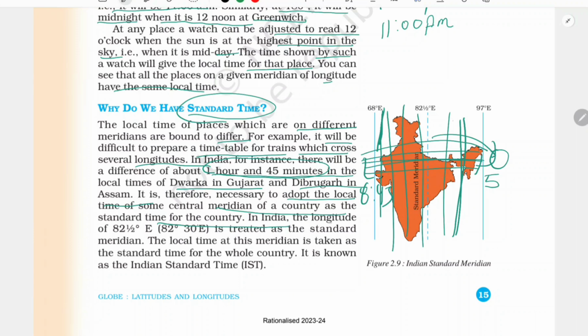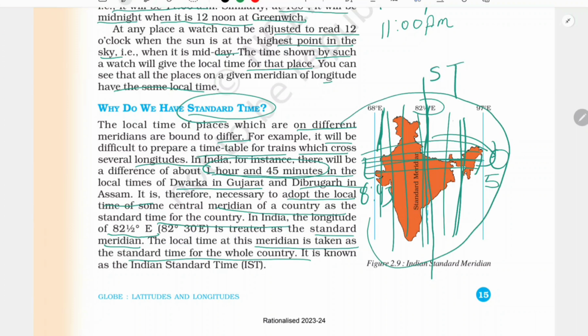In India, the longitude of 82.5 degrees east is treated as the standard meridian, as India lies in the eastern hemisphere. The local time at this meridian is taken as the standard time for the whole country. This line you can see is treated as the standard time for the whole of the country.